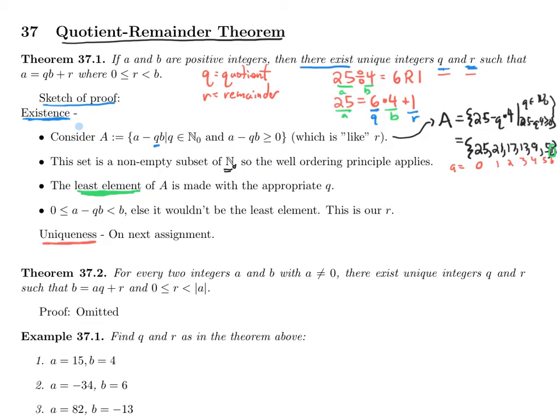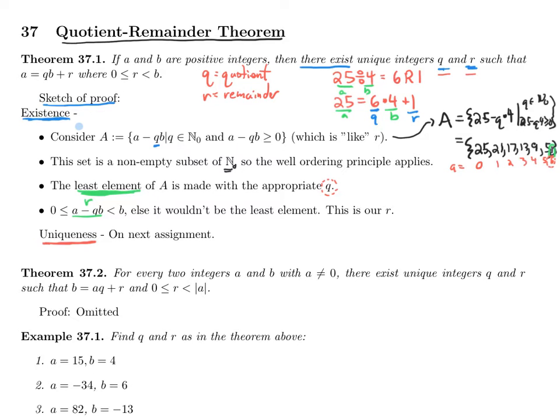Once we have our least element, it is going to be our remainder r. And the q that gives us that least element is our quotient. So when we plugged in q equals 6, that gave us our appropriate quotient. So we know we can always find a q and an r so that this works via this argument.